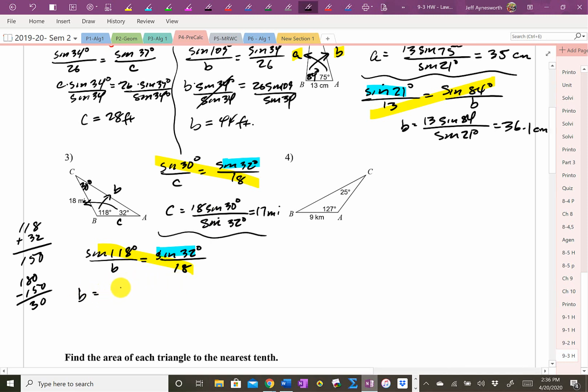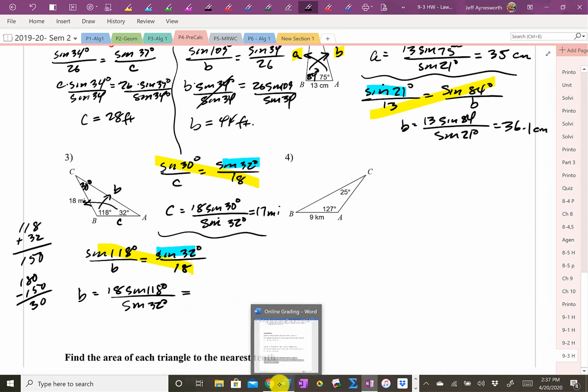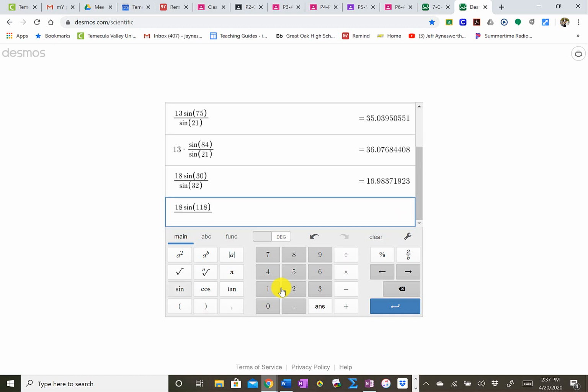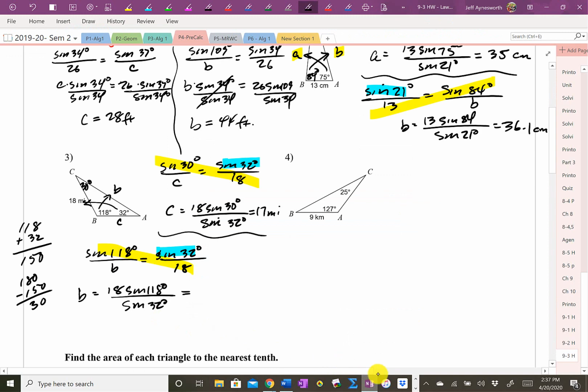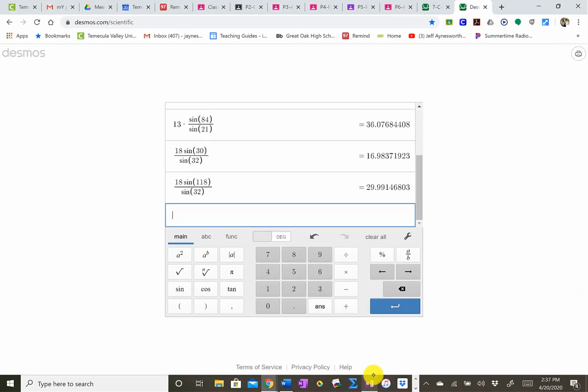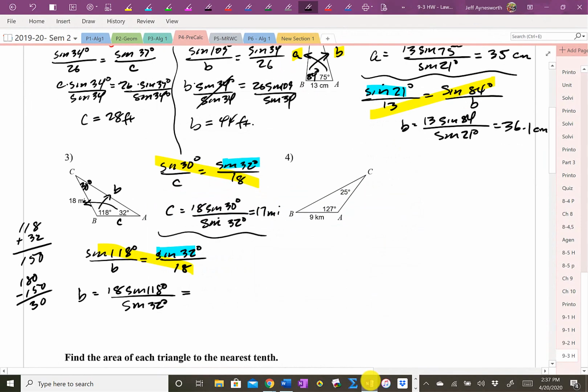So B is equal to 18 times the sine of 118 divided by the sine of 32. And then when you work that out, 18 times the sine of 118 divided by the sine of 32 degrees, that's about 30. So this is 30 miles.